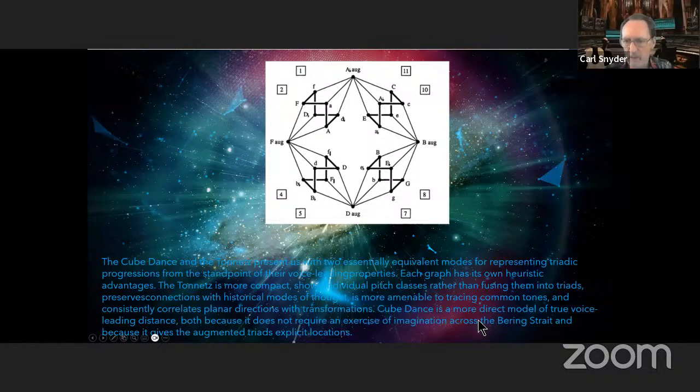Cube dance is a more direct model of true voice leading distance, both because it does not require an exercise of imagination across the Bering Strait, and because it gives the augmented triads explicit locations.